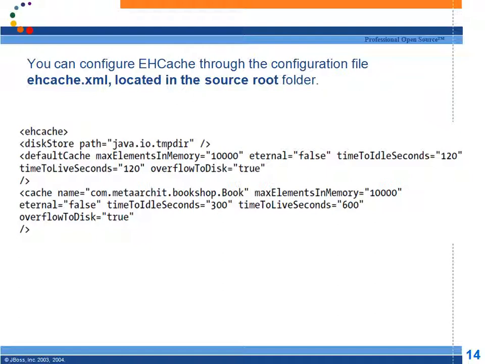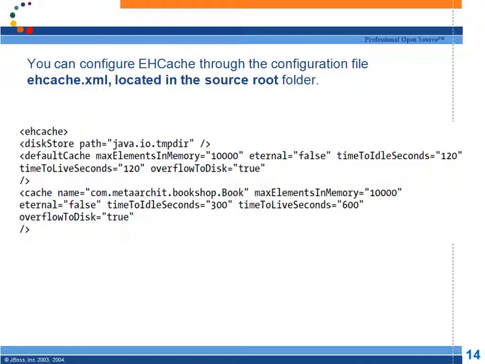And here I am configuring the maximum elements in memory as 10,000, and eternal equal to false. Time to idle seconds means if this cache is idle for 300 seconds, it will be expired.